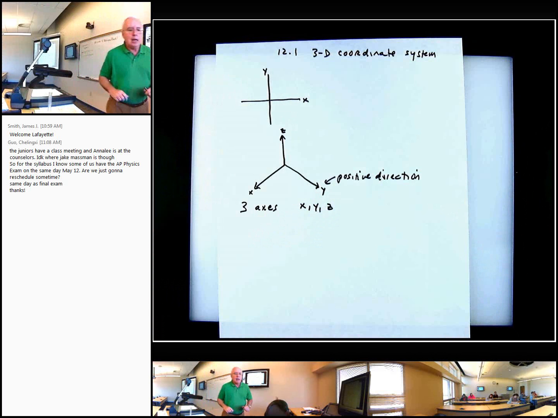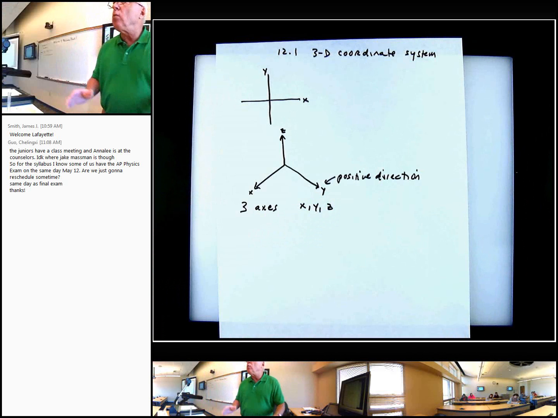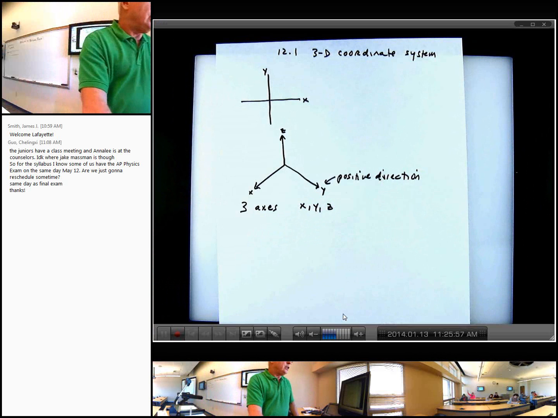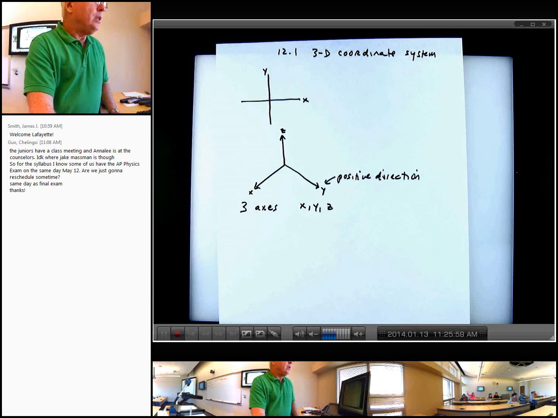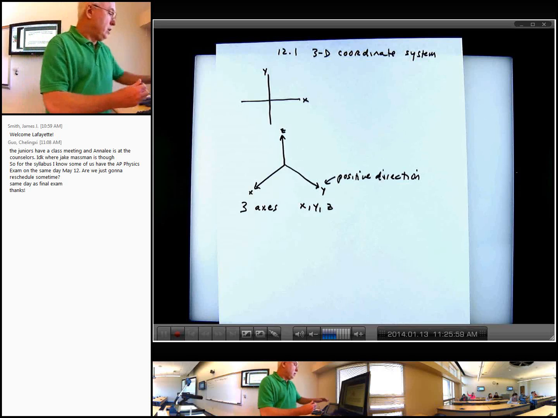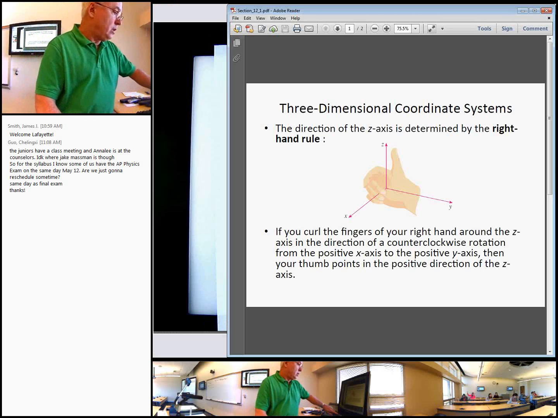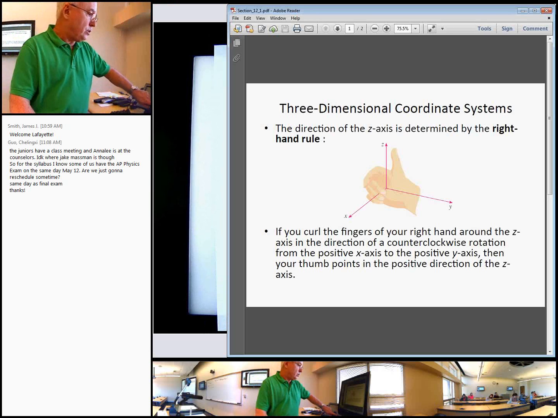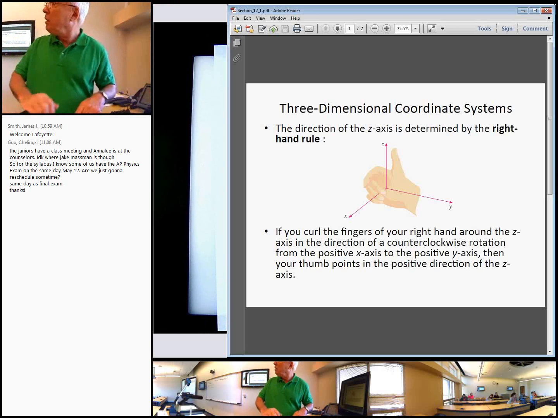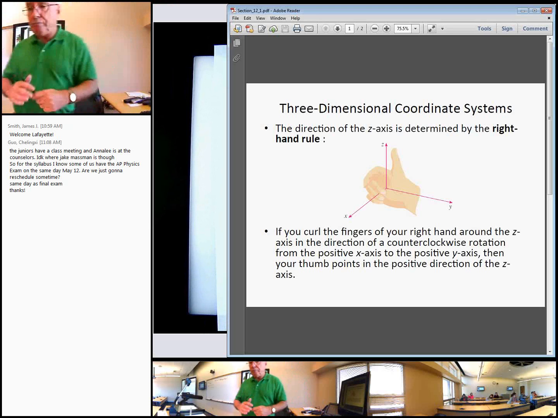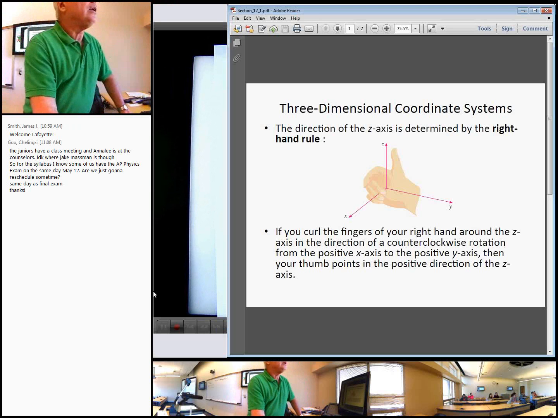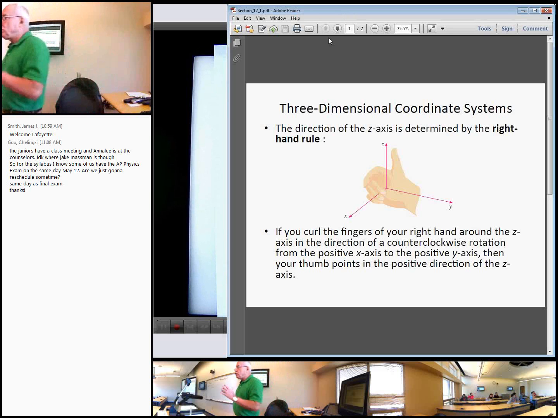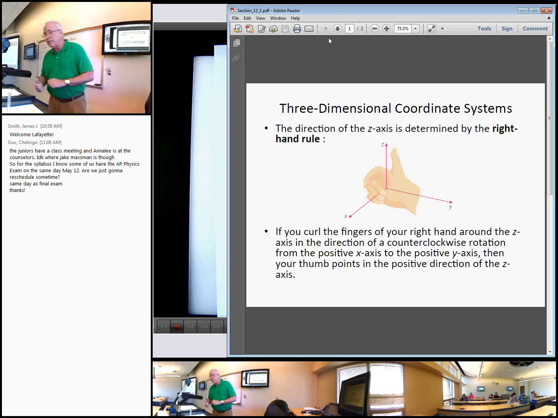Now, there's something called a right-hand rule, which determines the direction of the Z-axis.